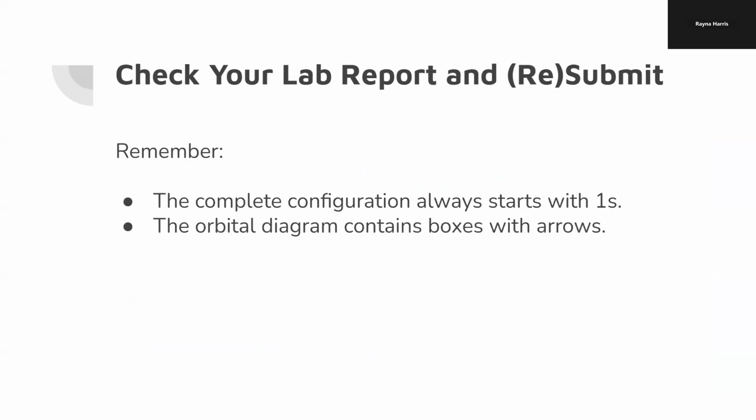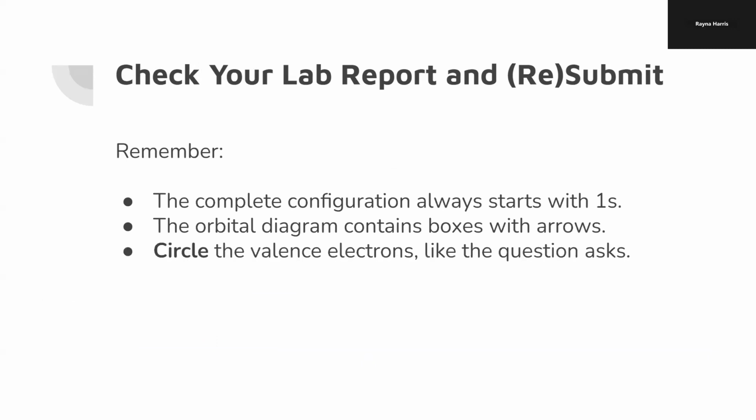The orbital diagram is these boxes with arrows. There's one more part of the question, which is to circle the valence electrons. Our valence electrons are always going to be the electrons in the s and the p orbitals, not the d.